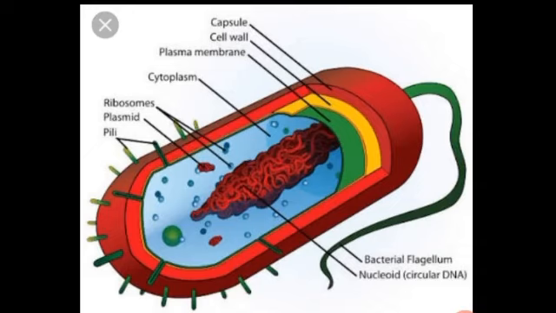It is surrounded by a plasma membrane, the greenish layer, which acts as a differentially permeable membrane, controlling the movement of certain substances in and out of the cell. The plasma membrane is also permeable, but it acts differently, controlling the movement of substances in and out of the cell.